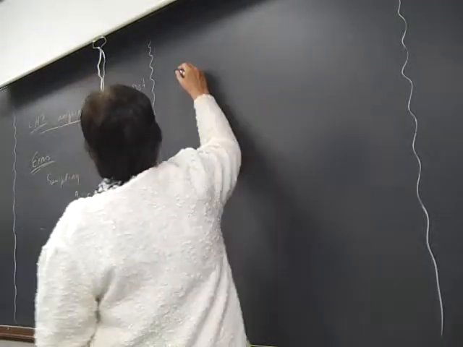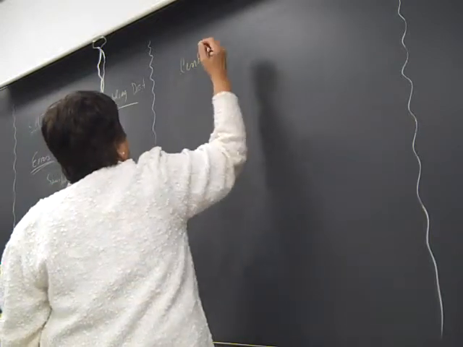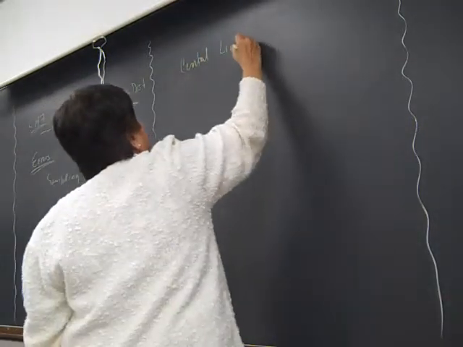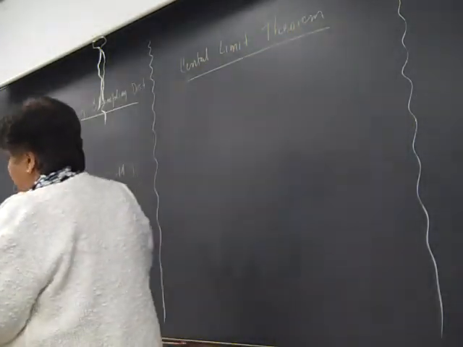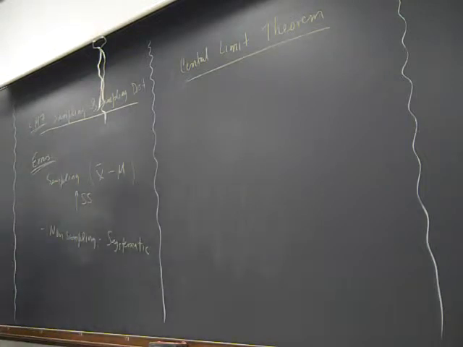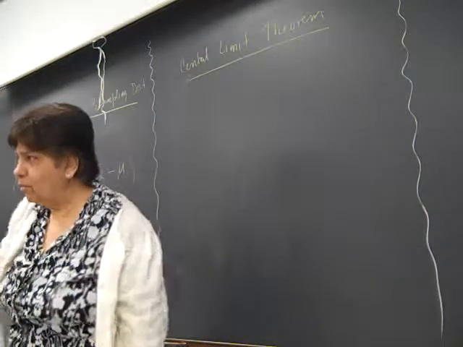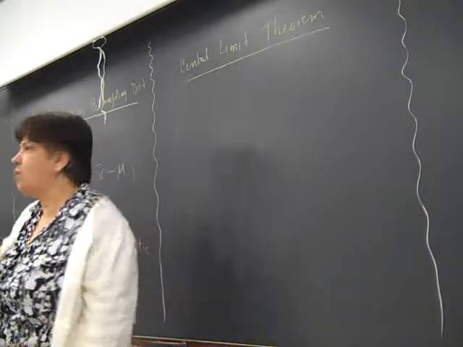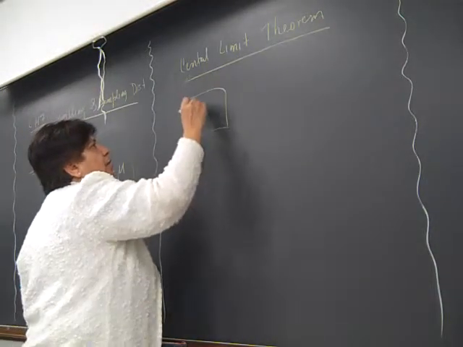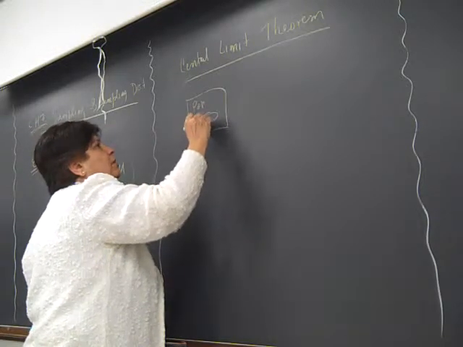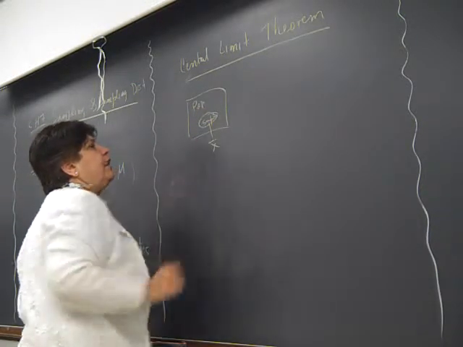We have what is called the central limit theorem. Whenever you sample from a population, you generate what? Let's say that you are dealing with a population, and you sample, and from the sample you get X bar, right?